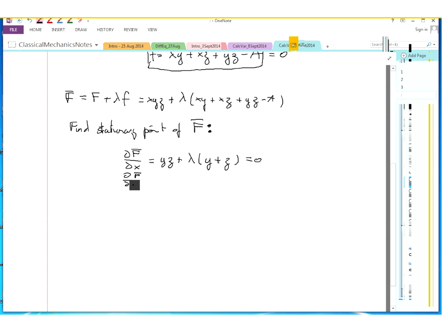That's one equation. ∂f̄/∂y is xz plus lambda times (x plus z). And then finally, ∂f̄/∂z is xy plus lambda times (y plus x).